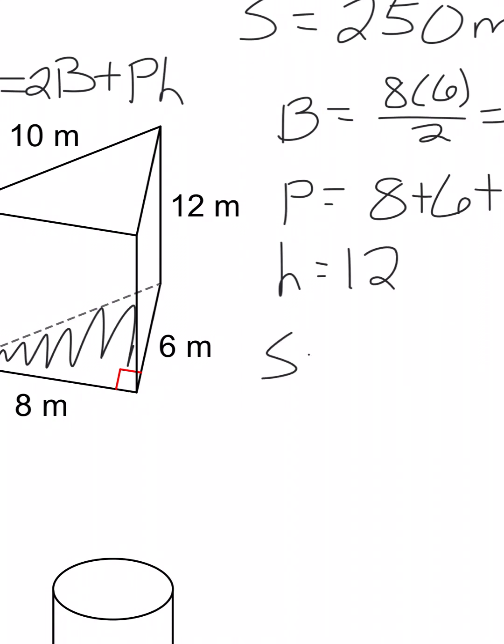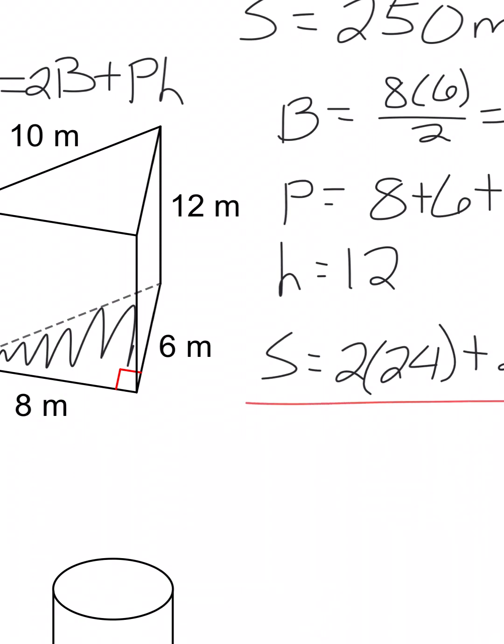So now we plug it in. 2 times capital B plus P times H. Again, this part is very important for me to see because it shows me how you found all your values. Okay? What did you guys get for your final answer? Yep, 336 what? Meters squared. Nice job.